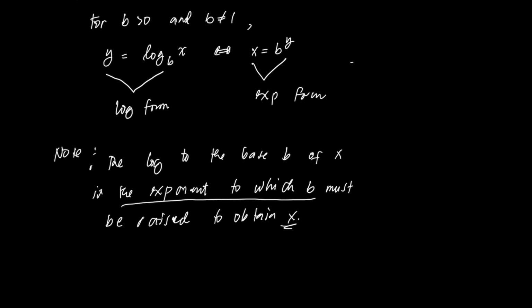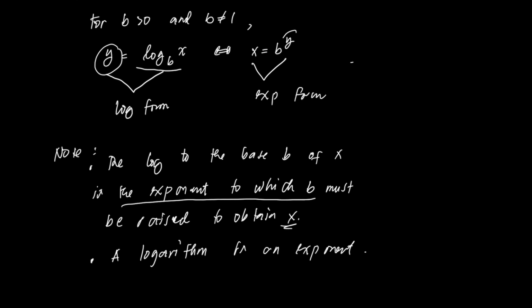So you can use this form in finding the value of x in a particular equation. And also, note that a logarithm is an exponent. Here, y is equal to log base b of x, but y here is an exponent.